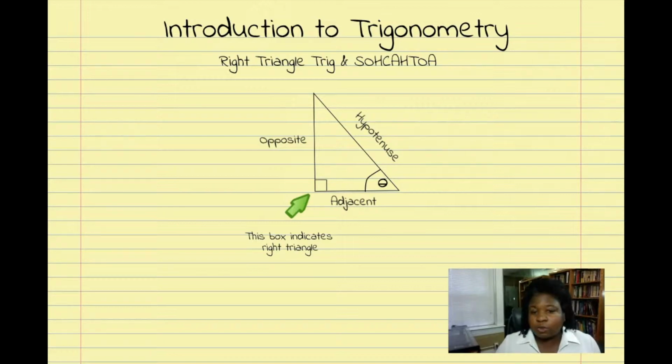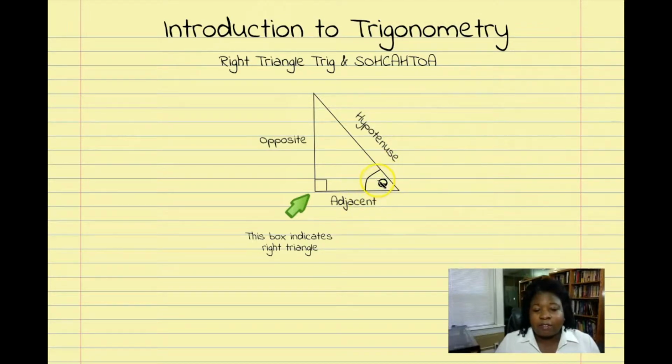The other things you want to know are the parts of the right triangle. So, first we have the hypotenuse. In every right triangle there is a hypotenuse, and it is the side that is opposite the right angle. Always. The other two sides are named in reference to our angle theta.